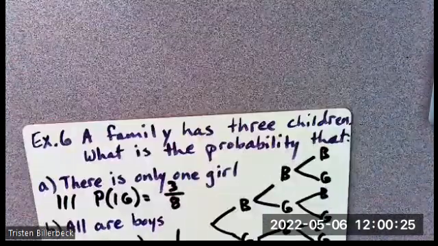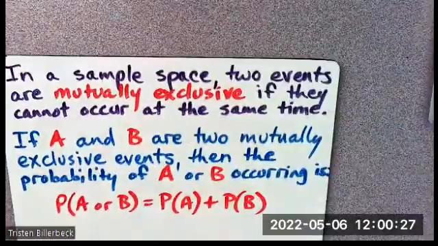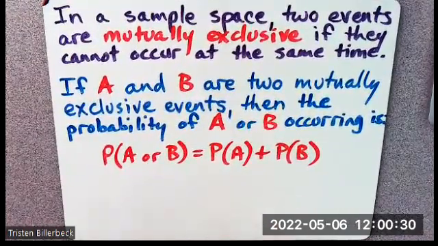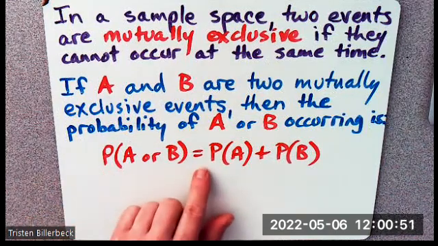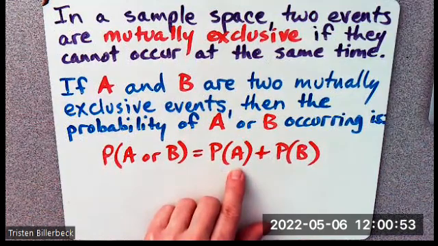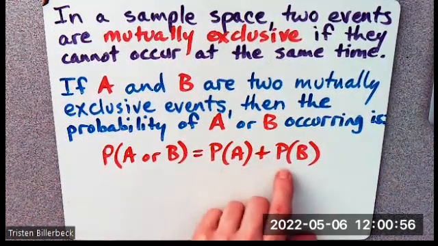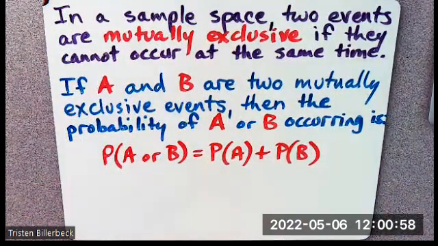All right, so let's talk about, in a sample space, 2 events are mutually exclusive if they cannot occur at the same time. So if A and B are 2 mutually exclusive events, then the probability of A or B occurring equals the probability of A independently plus the probability of B independently.